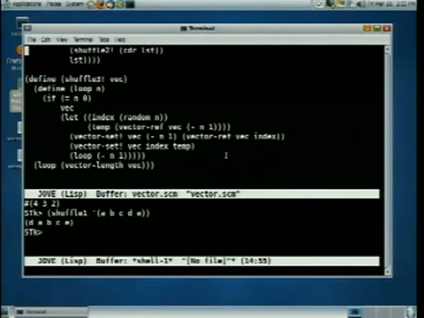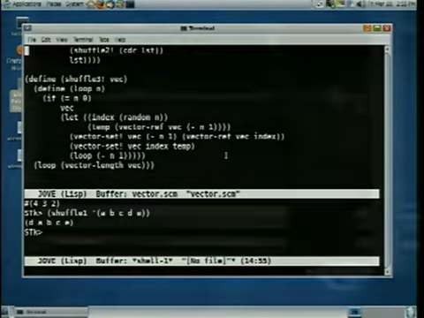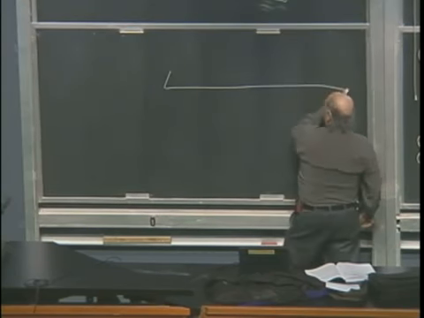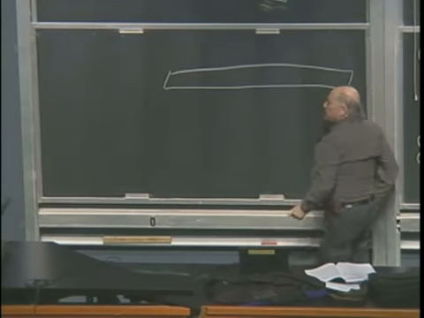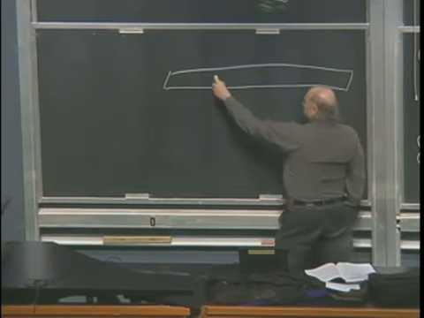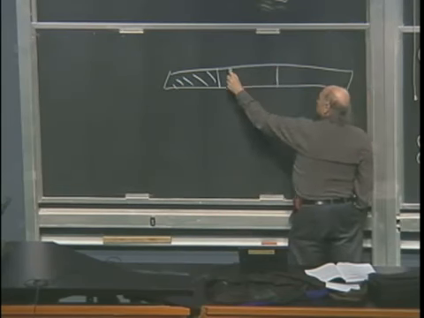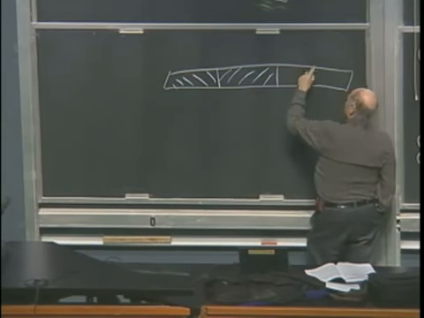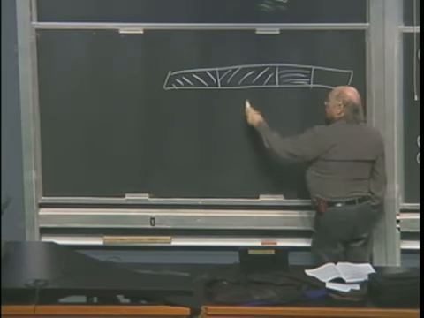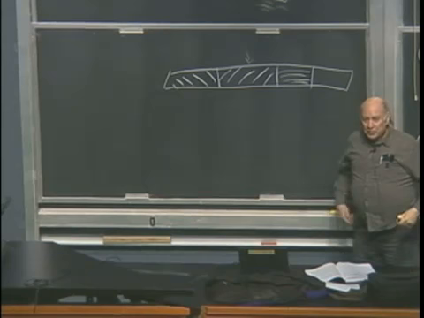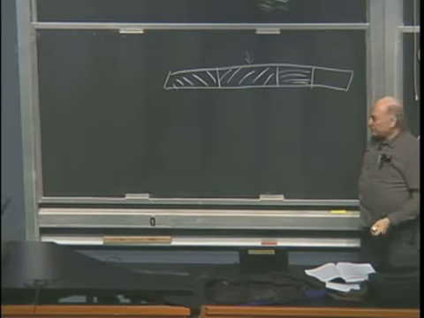Memory management is a little bit tricky because of what happens after a while. Here's memory, and somebody asks for a block this size, and then somebody else asks for a block that size, and then somebody else asks for a block this size. And now this guy in the middle says, OK, I'm done using this block, so return that to the memory that's available for anyone to use.